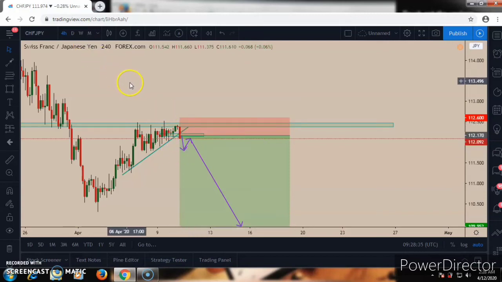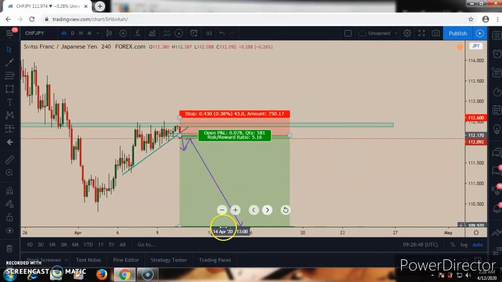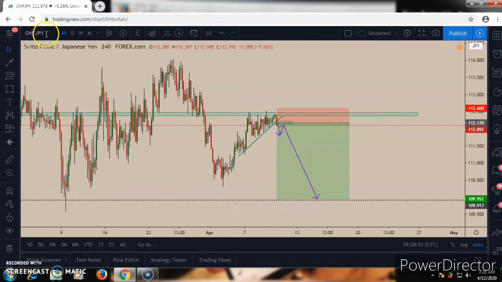Same thing for EURJPY. We try our best to avoid correlated pairs. I mean pairs that have the same currency, like CHFJPY and EURJPY. The same thing you are seeing here now is what you will see for EURJPY if we were to check it.